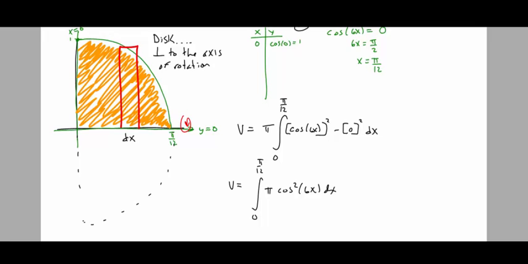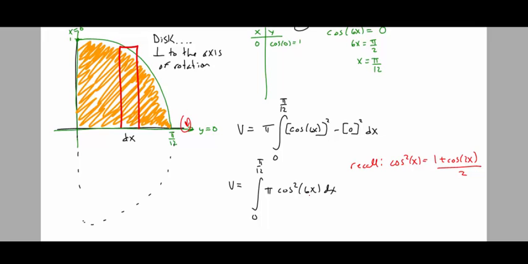Now remember, in previous lectures we've looked at double angle and half angle formulas, and if you'll recall, the cosine squared of x is equal to 1 plus the cosine of 2x, double angle formula, all over 2. Okay, so this is a rewrite. This is a nice little way, because I can't integrate cosine squared 6x directly. I have to have it in another form.